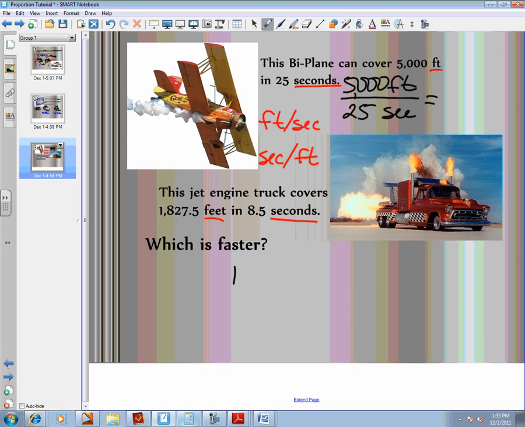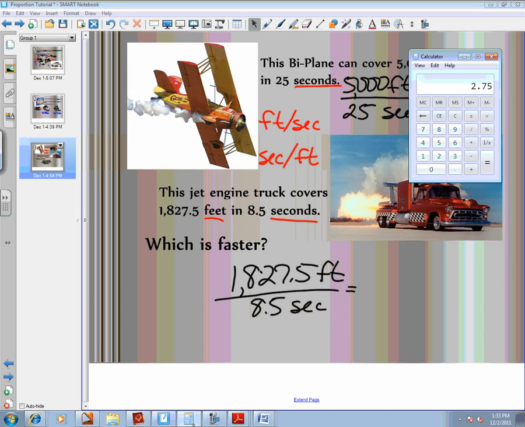And then the jet engine truck, 1,827.5 feet every 8.5 seconds. All right. Well, let's get the calculator out again.